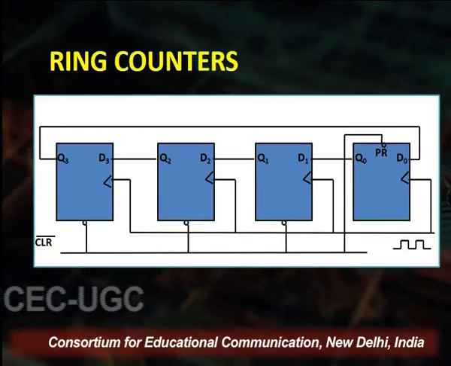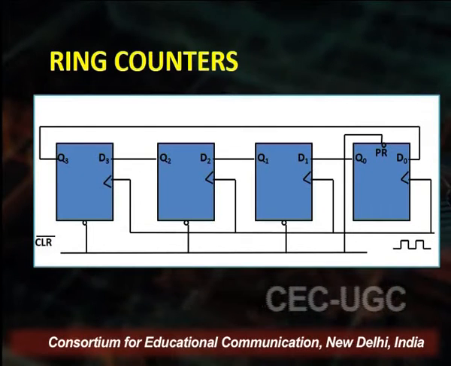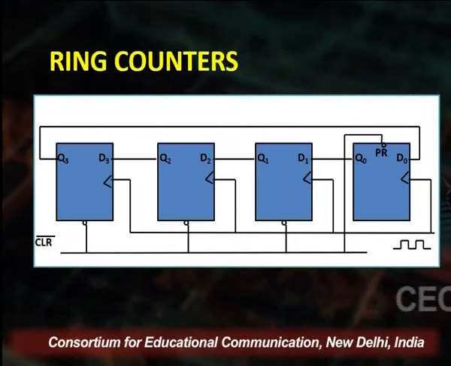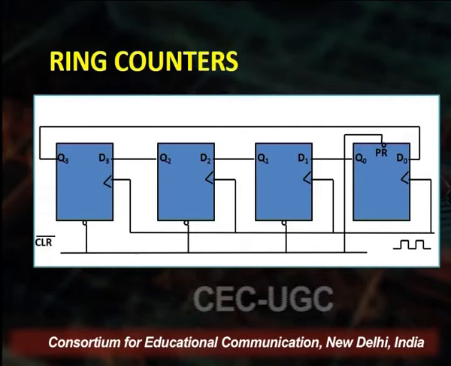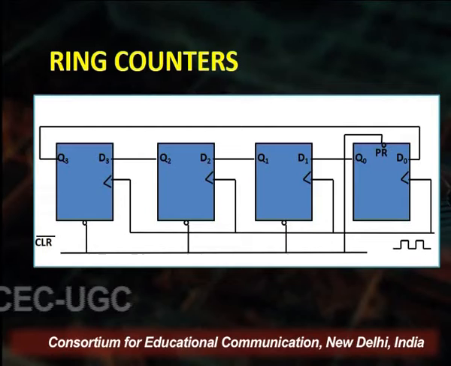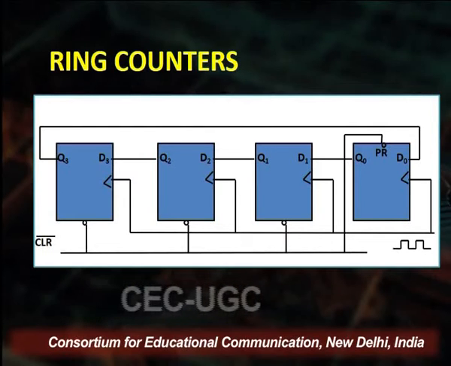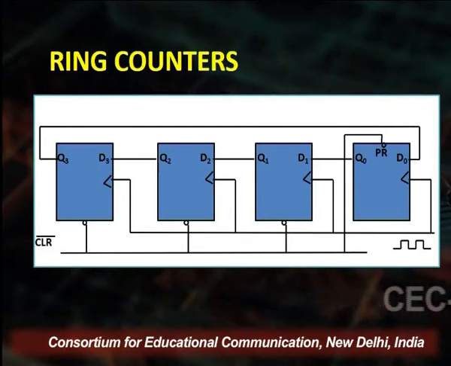The fourth clock pulse would have 1, 0, 0, 0. At the fifth clock pulse, the ring would be completed again, and Q3, Q2, Q1, Q0 would read as 0, 0, 0, 1, and the cycle repeats.